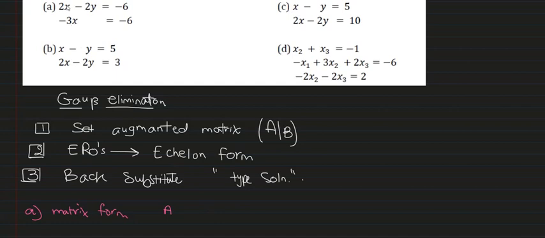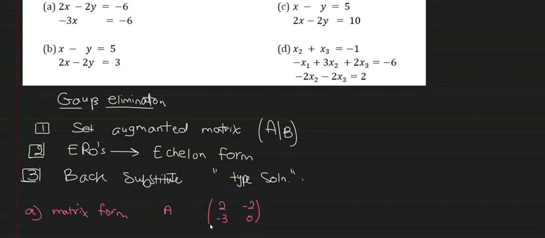What are the coefficients of the first unknown? 2 times x and negative 3 times x. So we have 2 and negative 3. The coefficients of the second unknown: negative 2 y, and here we don't have y, so we say that it was multiplied by 0, right?